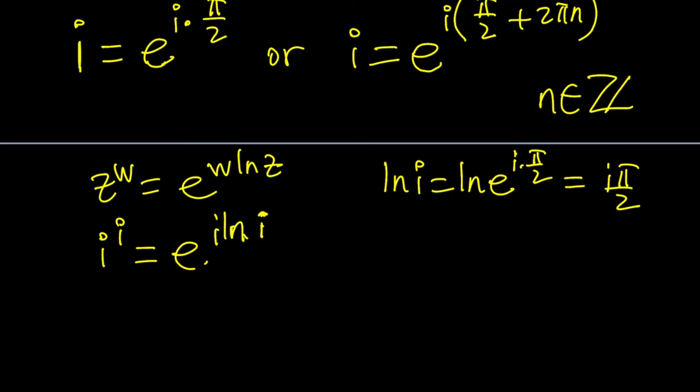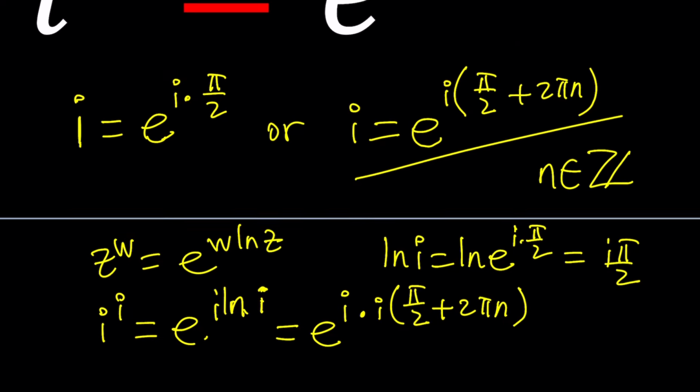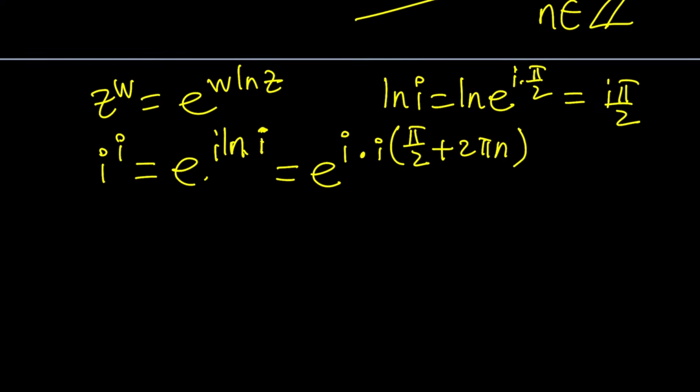Okay? So it's going to look like this. e to the power i ln i is going to be e to the power i times, and ln i will be replaced with i times, normally pi over 2, but this time I'm going to write it as pi over 2 plus 2 pi n, where n is an integer again, right? We already talked about it here. Now i times i is i squared. That's the funnest part of this, because that's a real number.